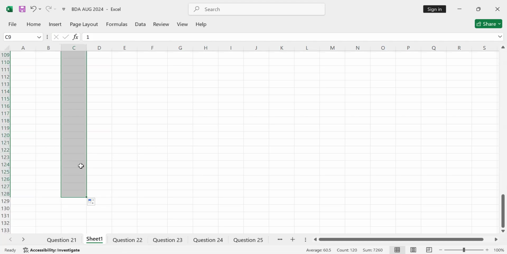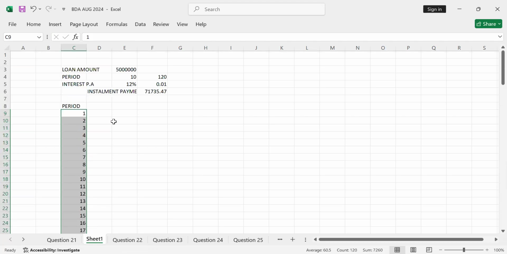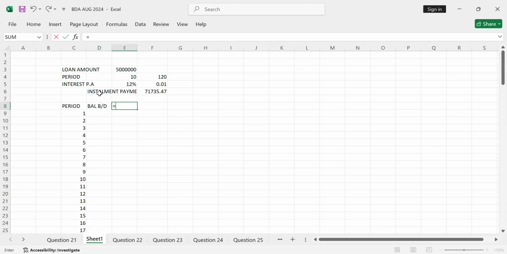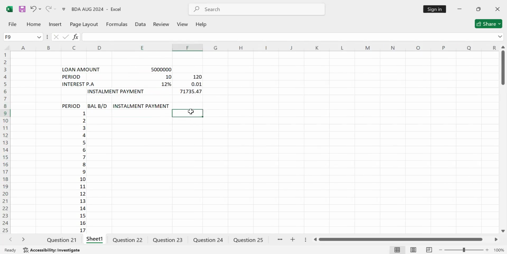After that, we have the amount, or generally the balance brought down. That is the balance as at the start. You can have the installment payment there. You'll also have what we call our interest. Interest is just 1%.